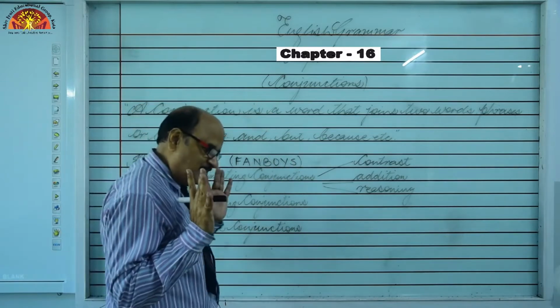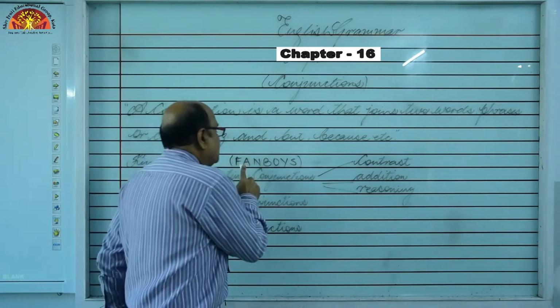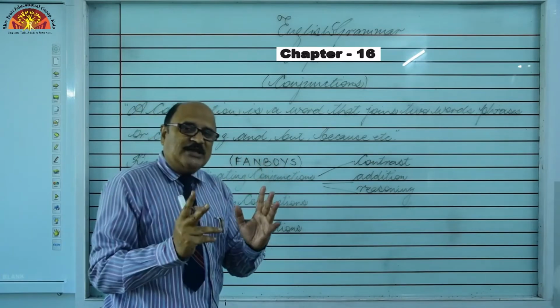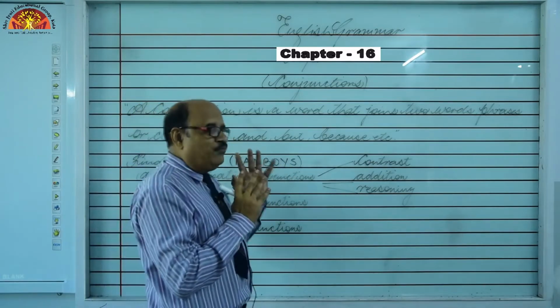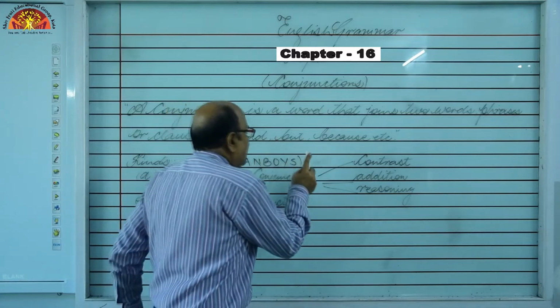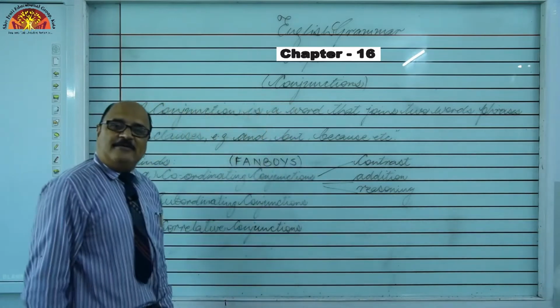So, in short, when we join two sentences, two phrases or two words using these linking words, these conjunctions are known as coordinating conjunctions.